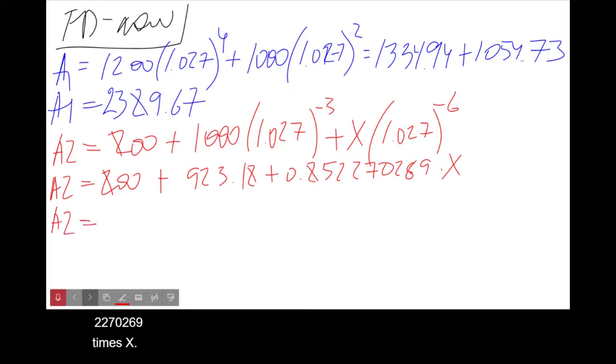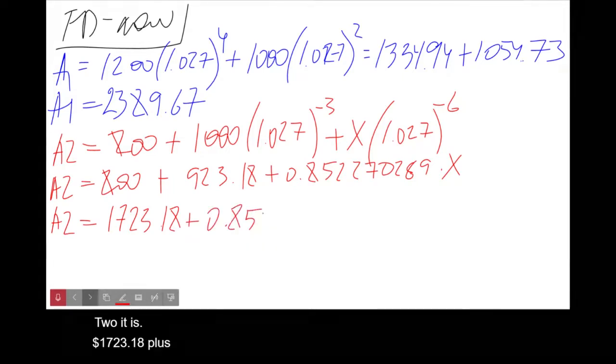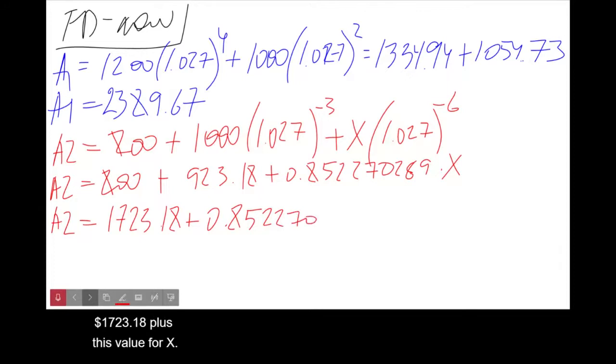So A2 is $1,723.18 plus this term for x.